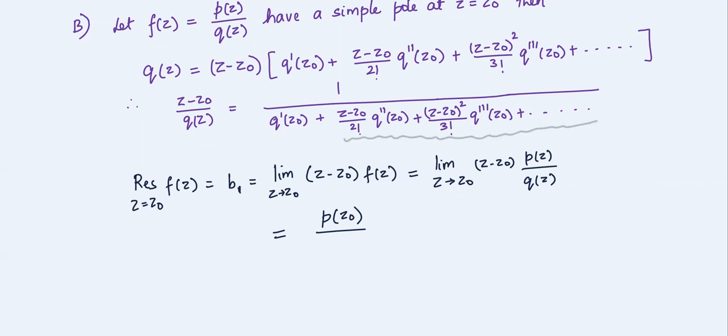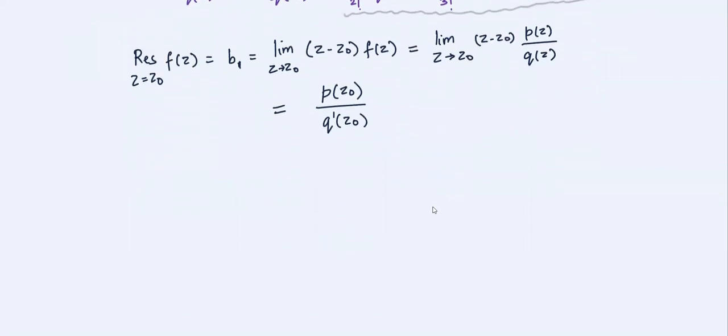So we are left with only q dash z naught. So this is the formula: the residue of f of z, if it is in the form of p by q and it is a first order pole only, is p of z naught by q dash z naught.